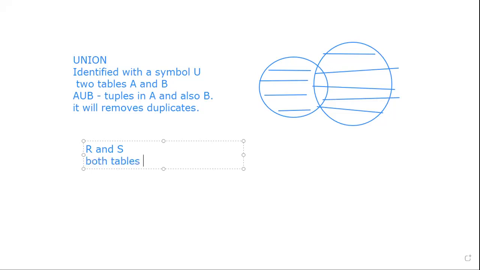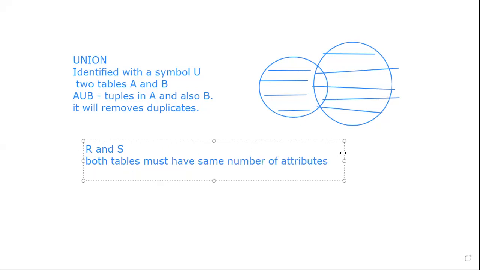What is meant by attribute? An attribute is nothing but a column. So if you take two tables, R and S, both must have the same number of attributes. That is the first condition.